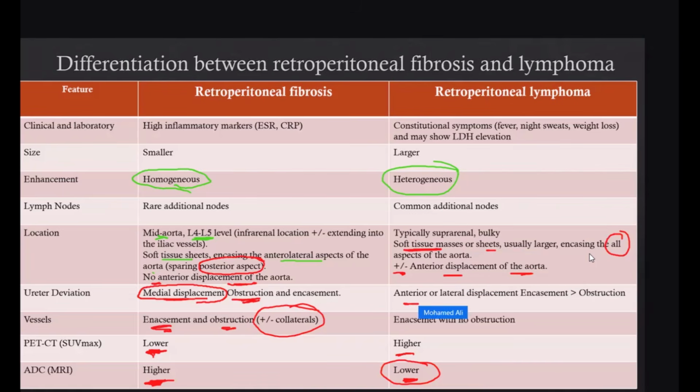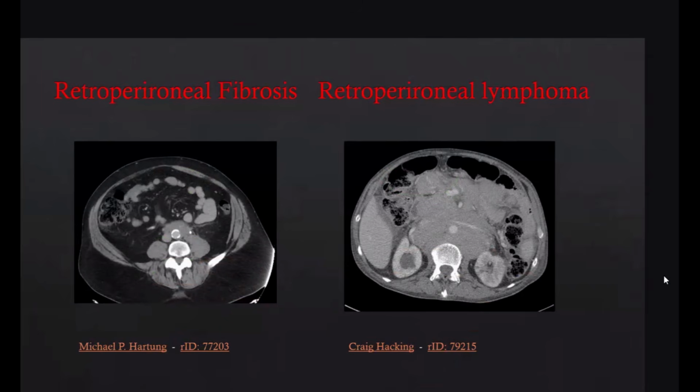It can cause anterior or lateral displacement of the ureters, encasement without any obstruction of the vascular channels. As we said, it can cause significant diffusion restriction and higher uptake.